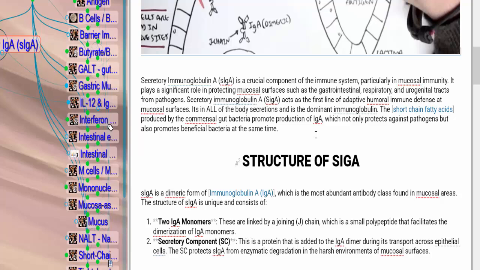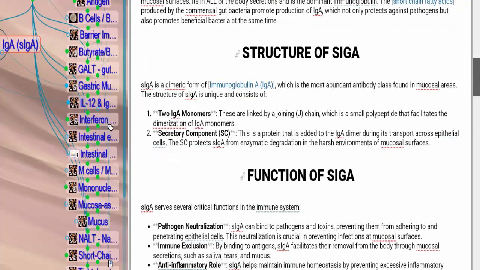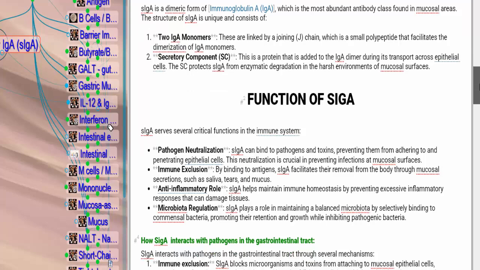And the short-chain fatty acids that are produced by our beneficial gut bacteria promote production of IgA. So that not only protects against pathogens, but it also promotes beneficial bacteria at the same time. And if you come into the database and look at this, you'll learn more about the structure, its function.